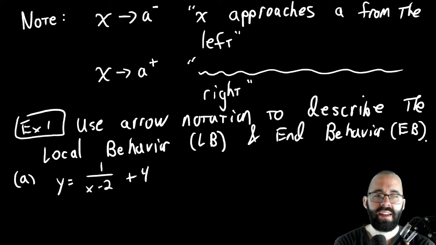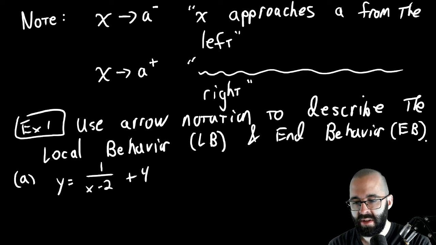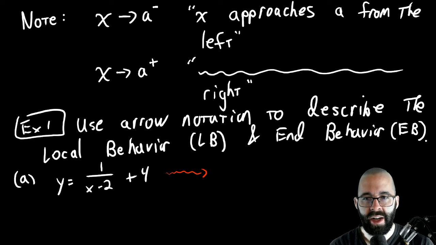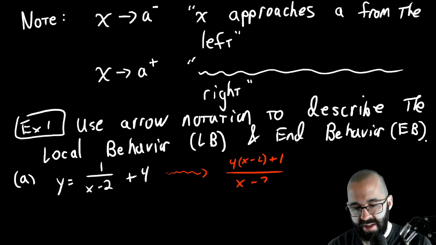As a side note, you might say, Jason, this does not have the form of a rational function. You said a rational function was a polynomial divided by another polynomial. Well, if we wanted to, we could get a common denominator, that'd be x minus 2, and you get 4 times x minus 2 plus 1, I think, over x minus 2.